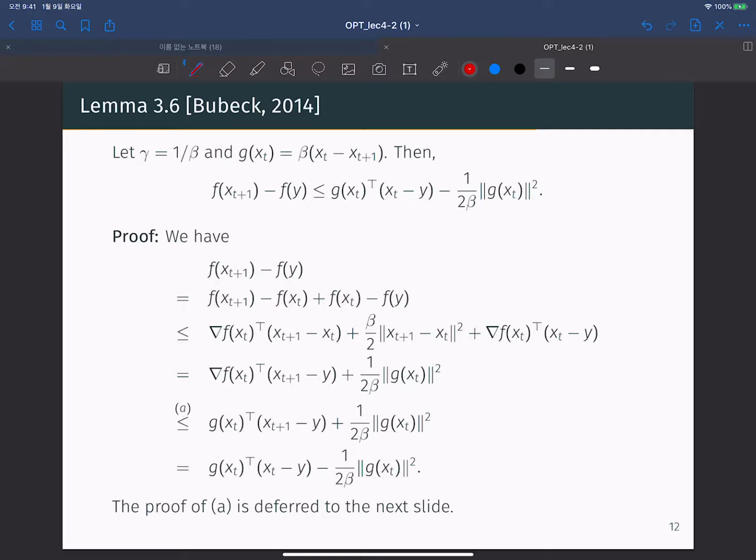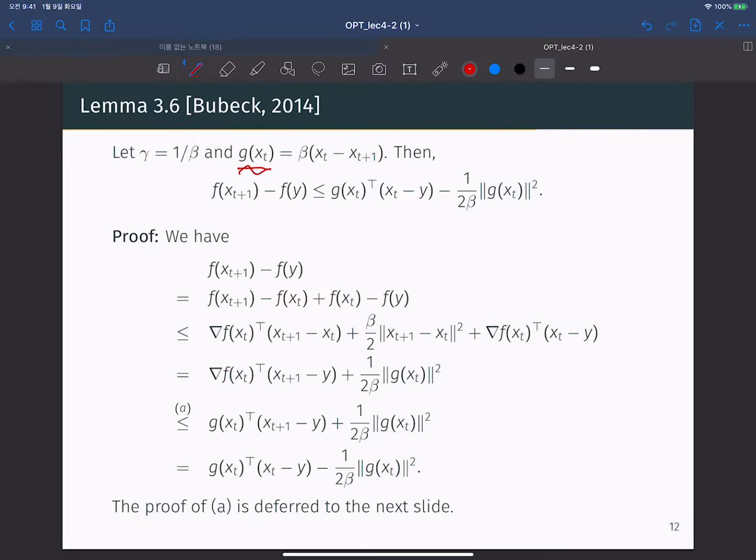Next one is Lemma 3.6 of Bubeck's convex optimization textbook. This is also very important. When we set the step size gamma equal to 1 over beta, let's define G(x_t) equal to beta times (x_t minus x_{t+1}).